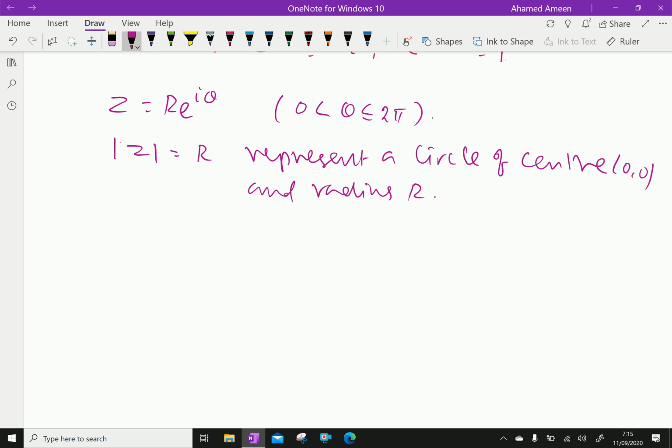Now consider the expression modulus of z minus z0 equal to r.